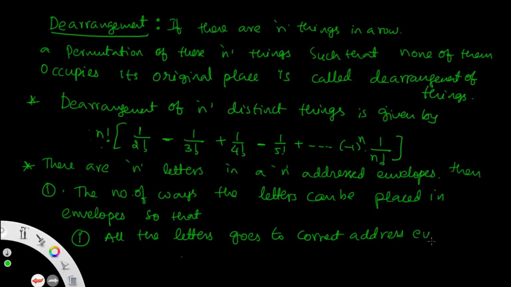How many ways? Only one way. Correct address means there is only one way.